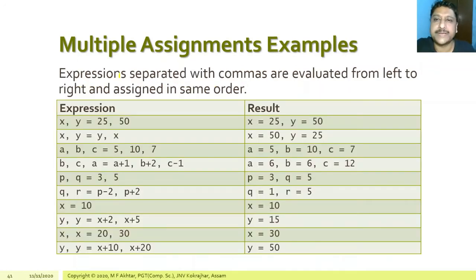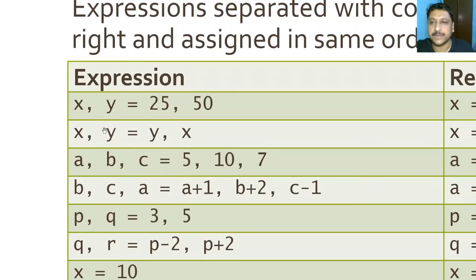More examples on multiple assignments. Expressions separated with commas are evaluated from left to right and assigned in the same order. See the example: x comma y equals to 25, 50.